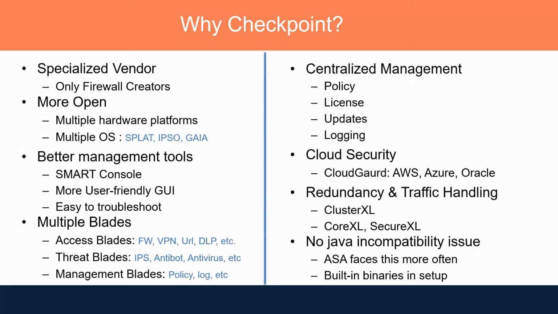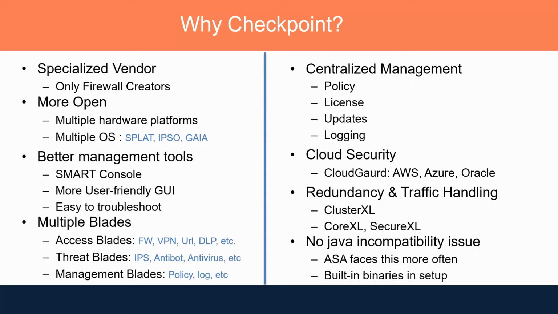It has the capability which we can leverage on any public cloud provider. Checkpoint in the cloud is known as CloudGuard. We can deploy CloudGuard on AWS, Azure, Oracle. So if your organization is using a cloud, you can deploy Checkpoint on the cloud.